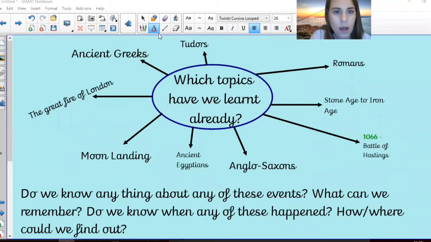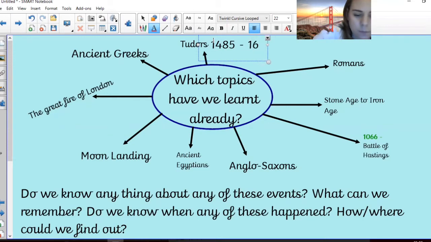Okay, so I have had a little look as well. I found the Tudors. I had 1485 to 1603.